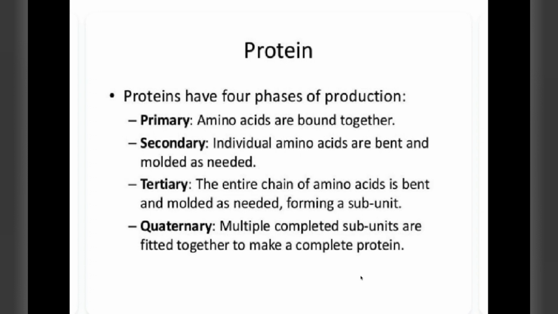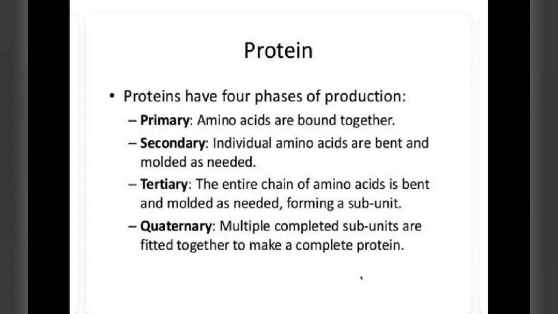Then comes the tertiary structure, which represents the overall folding of polypeptide chains, giving rise to two major molecular shapes, fibrous and globular. Here the entire chain of amino acids is bent and molded as needed, forming a subunit.